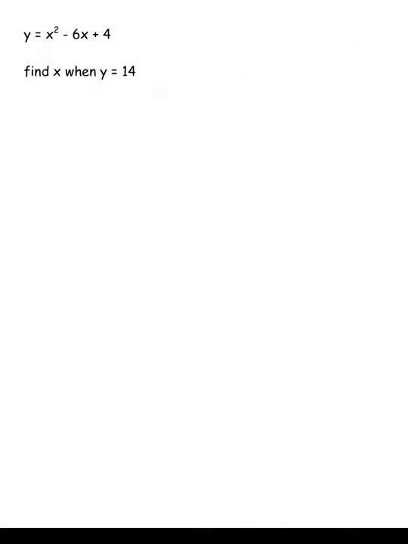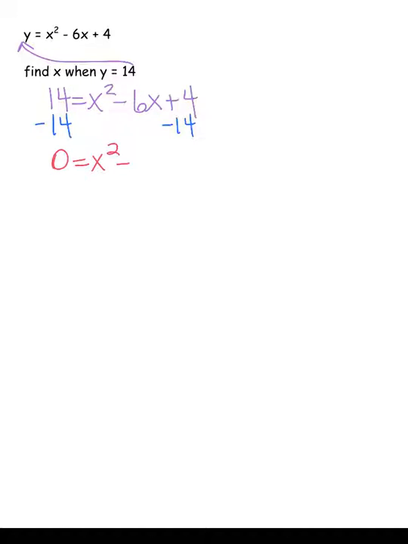Okay, one more time. Here we have 14 being plugged in. Step 1: never try the quadratic formula until it equals 0. So subtracting 14 is our first step. 0 equals x squared minus 6x minus 10.